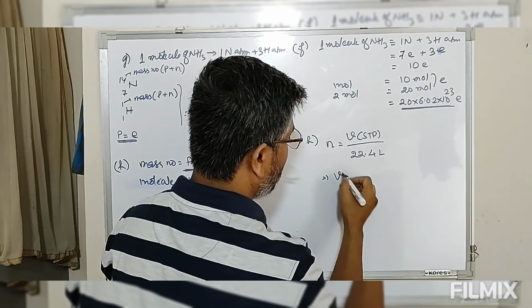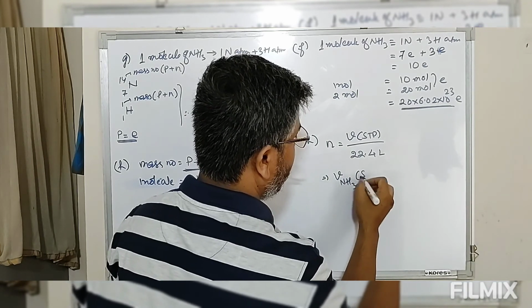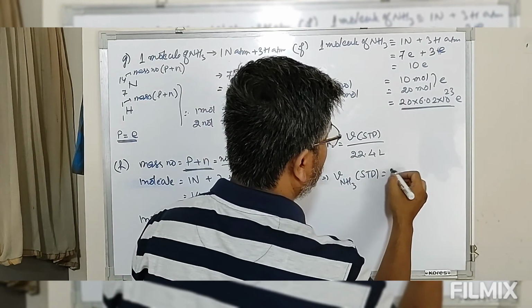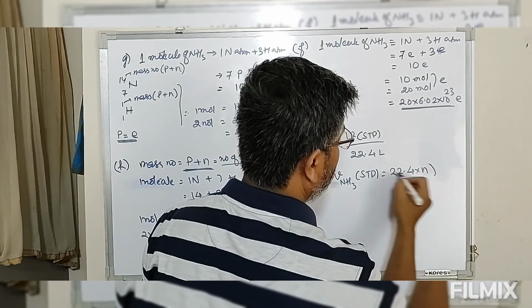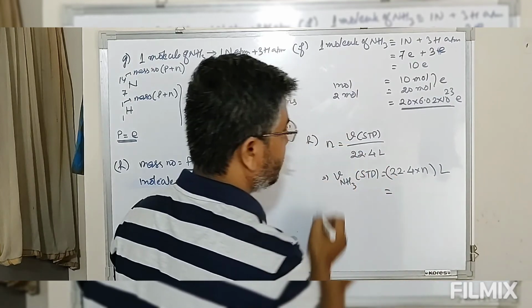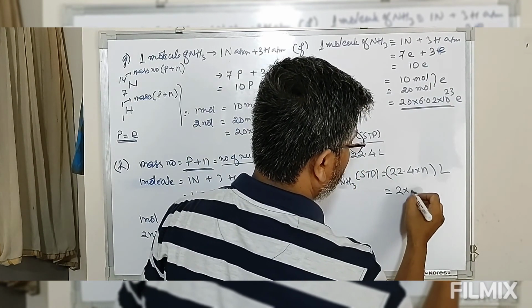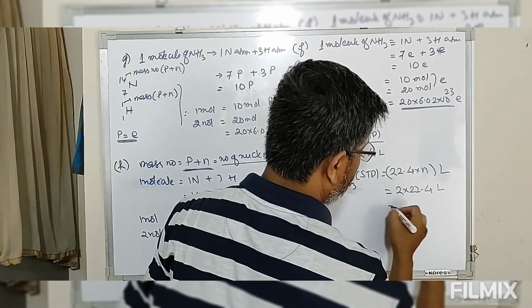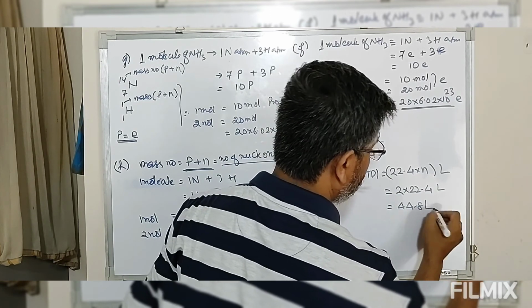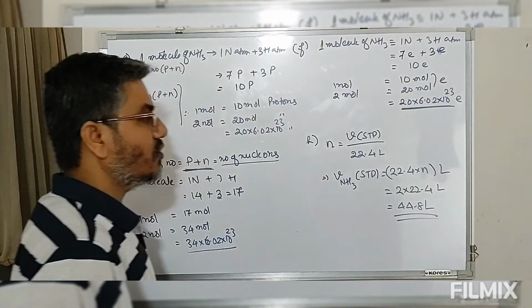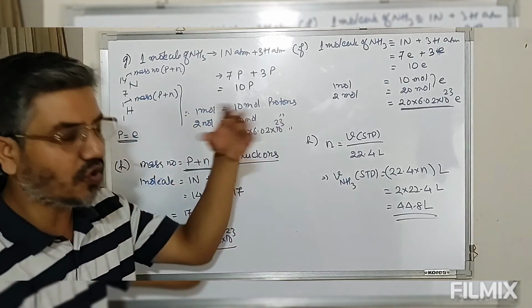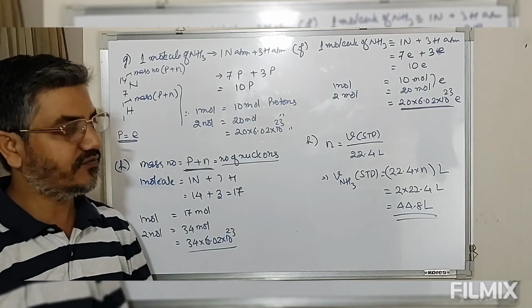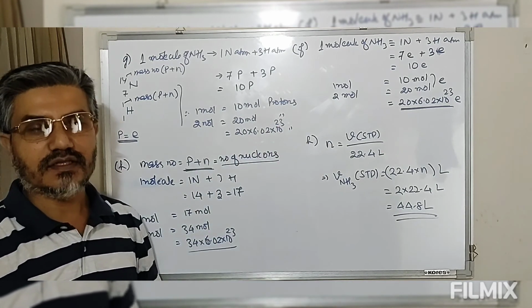So therefore the volume occupied by ammonia at STP is 22.4 into n liters, where n is 2. So 2 into 22.4 liters, that is 44.8 liters. So this is the total volume occupied by 34 gram of ammonia. So this is how we correlate different values, and from this mole we can also define different derivatives.